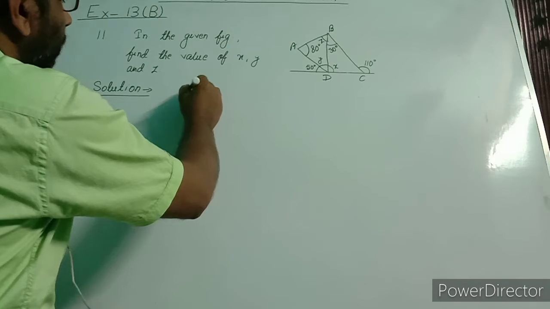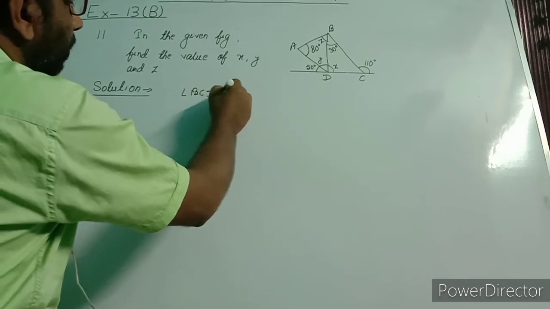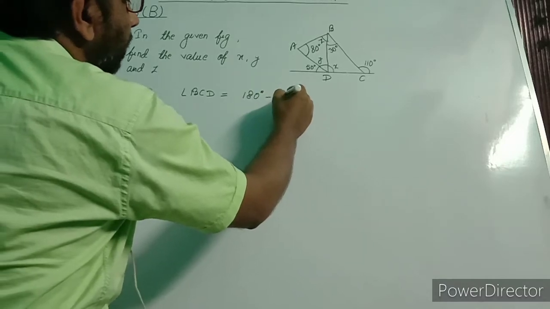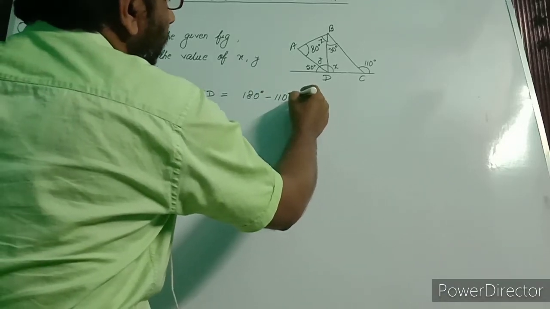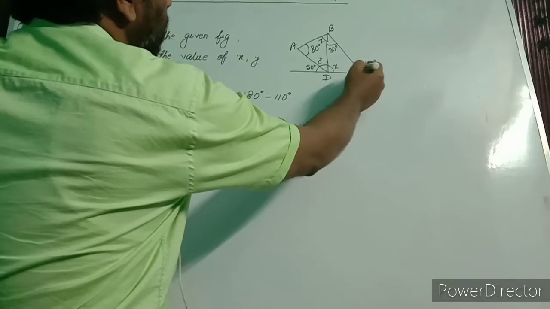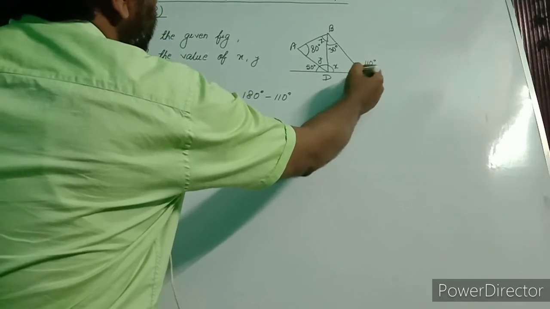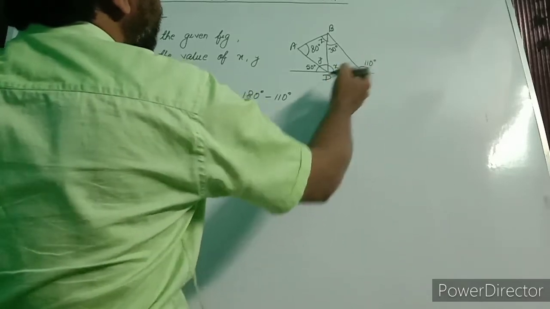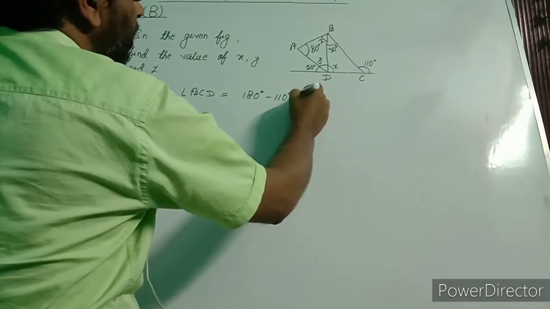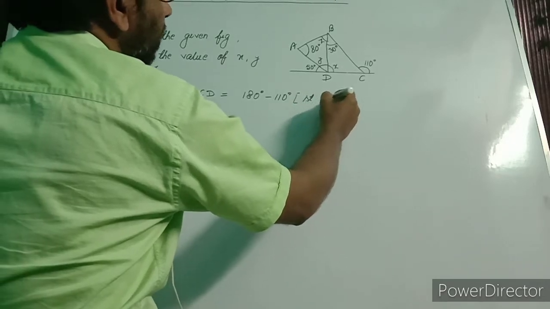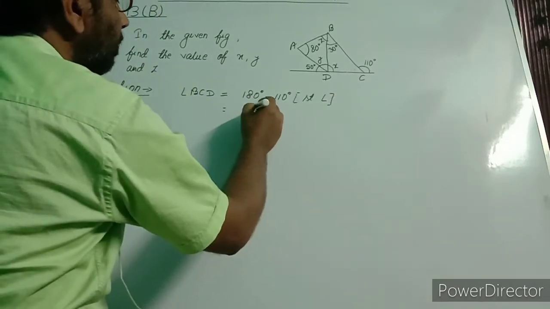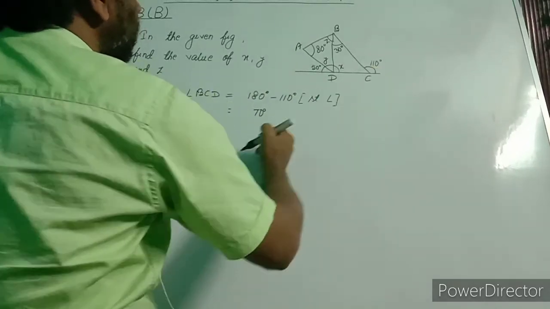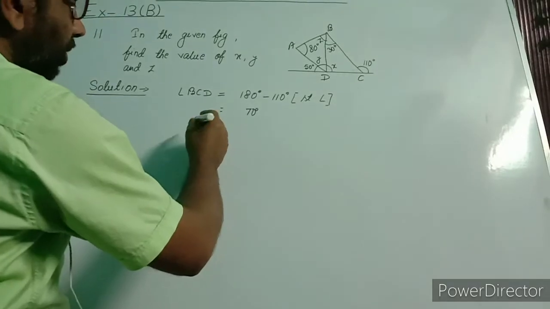Angle BCD equal to 180 degree minus 110 degree, because if you add these two they make one straight angle, that is equal to 180 degree. So this much equal to 180 degree minus 110 degree. In bracket we can write a straight angle. So this became 70 degree. Angle BCD became 70 degree.